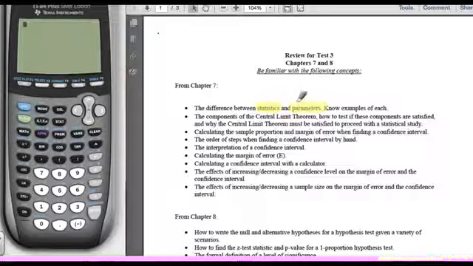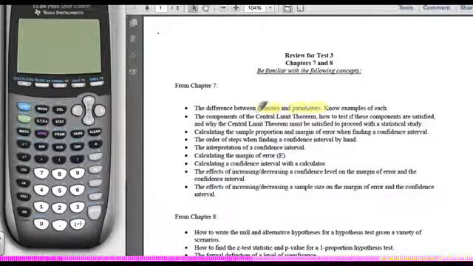If I'm somehow able to get data on every single student at TCC, the population, and I find the average of all of those GPAs, then I have a parameter. So statistics are calculations from samples, parameters are calculations from the population.